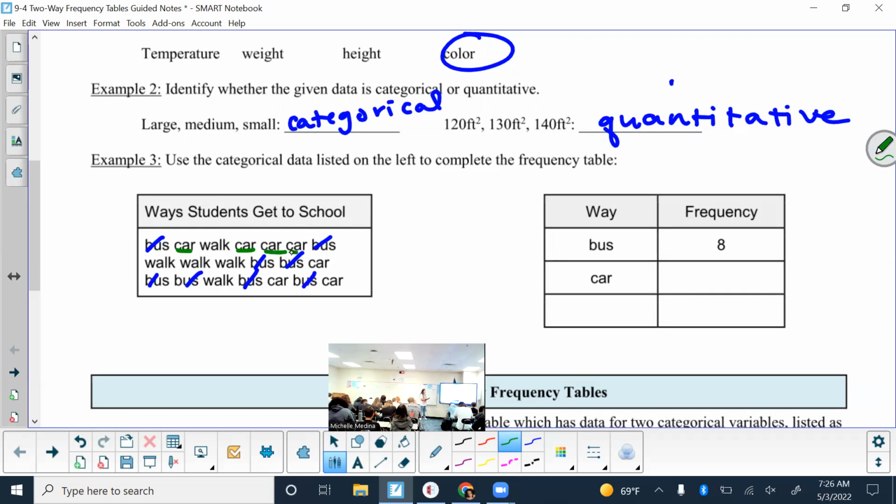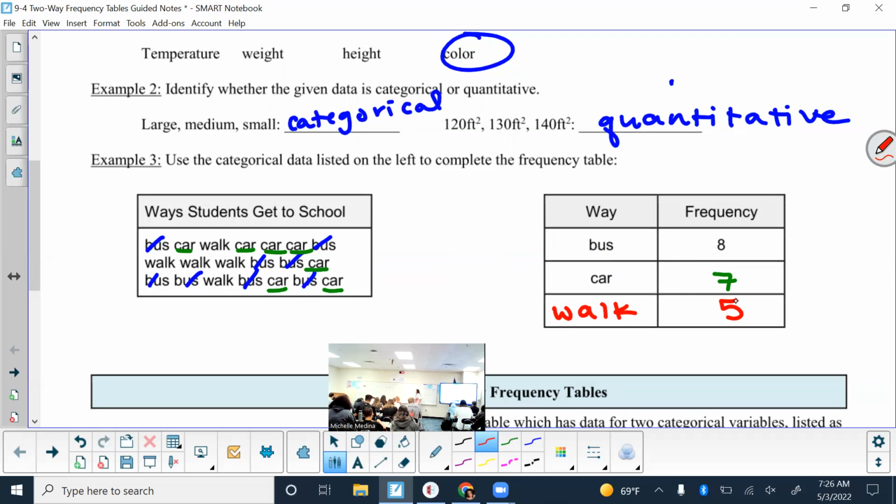So just count them out. Right, so it is 7. This right here is not filled in. What would go there? And that's because that's the other type of thing that people said, how they get to school. How many people walk to school in this survey? 5.